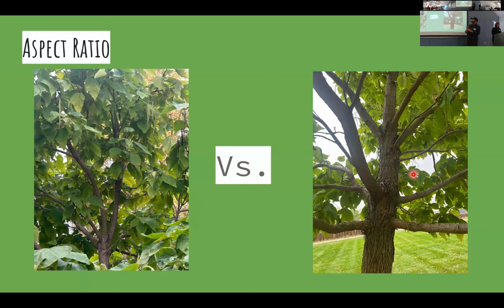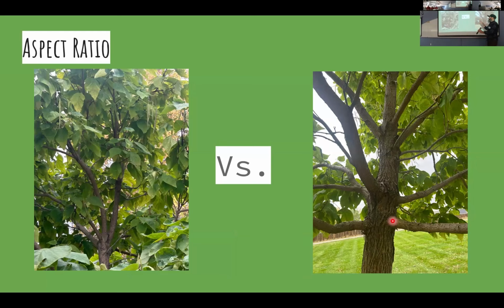And okay, so aspect ratio. We're probably already familiar with this, but you can see this one. You have a lot of the same aspect ratio going on, right? So if we're talking about the structure of a tree, we usually want to have a bigger, more dominant leader and smaller branches coming off of it.